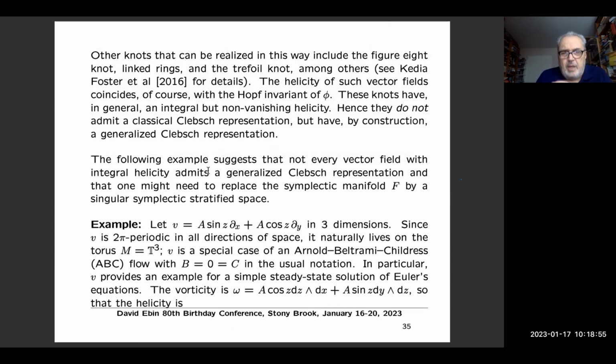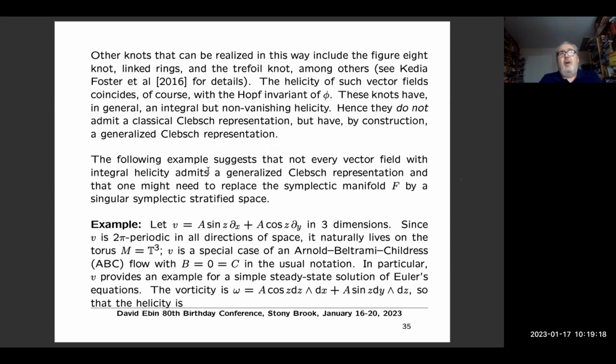There is an example which I'm not going to go into because I want to say something else. There is an example that shows that not every vector field with integral helicity admits a generalized Clebsch representation. And here comes the frightening news, that you need to replace the symplectic manifold by a singular symplectic stratified space.